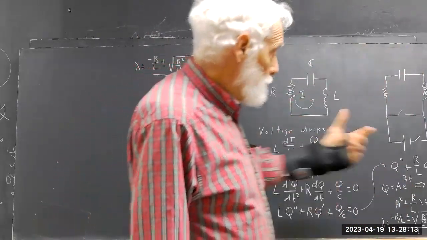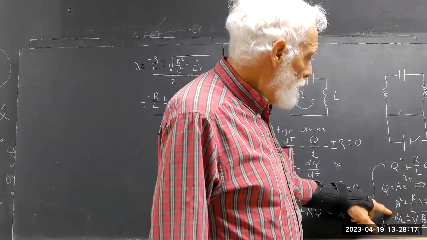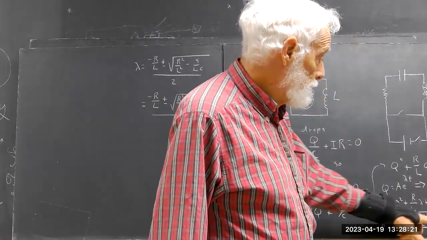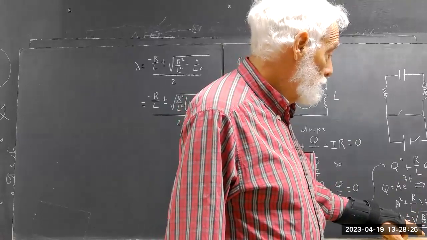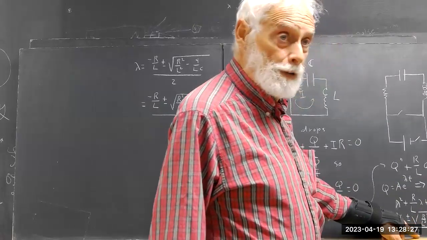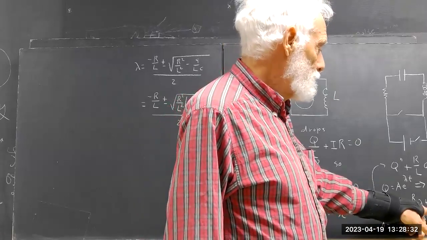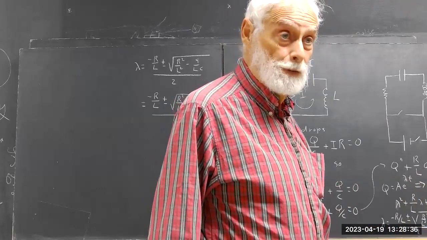What's the frequency of oscillation? Well, if R is 0, this term and this term go away, and we just get plus or minus the square root of 4 over LC, all divided by 2. If we factor out the 4, we get a 2, we divide by 2, and we get the square root of 1 over LC, right?